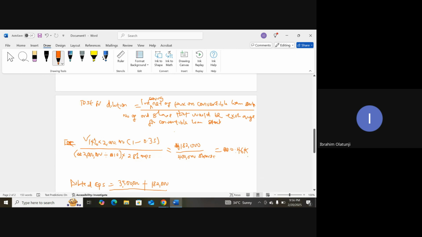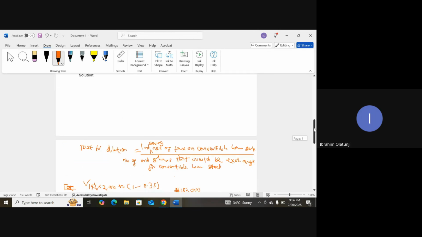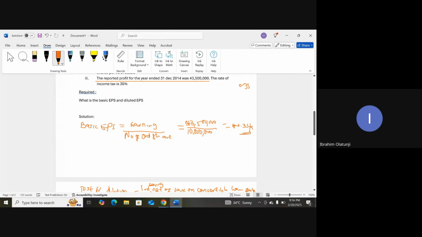You test for this dilution, which is this 0.46, and compare with your 0.35. 0.46 is higher.